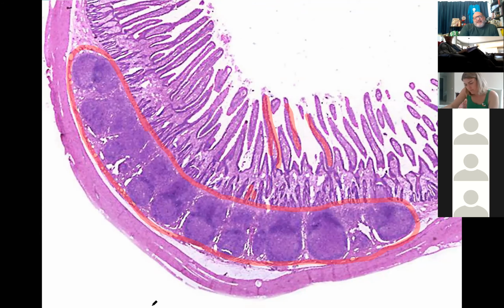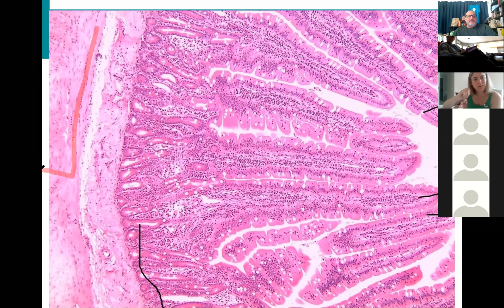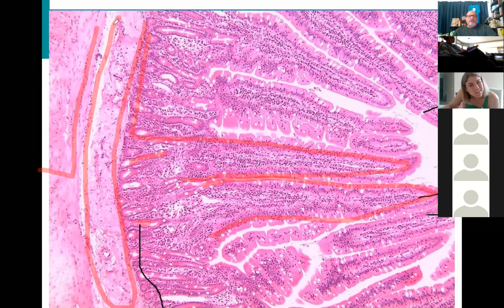And what do you see here? I see a muscularis. I see a mucosa with villi, pretty pronounced villi. Some mucus glands, some intestinal glands. But again, when I look in the submucosa, do I see Brunner's glands?